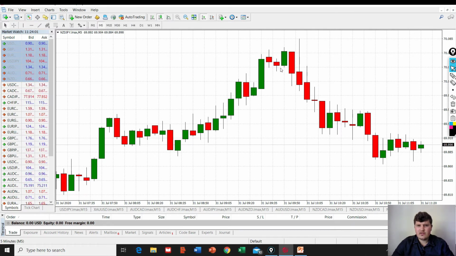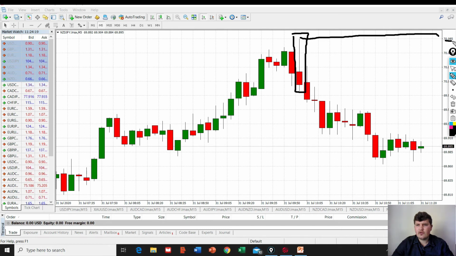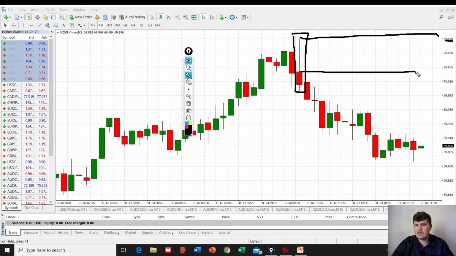But just to show you guys, again, this is a minute 5 time frame, and as you can see, let's say this bearish candlestick over here, it made a high of about 70.085. Let me just move this. It opened up at this level, let's just say it's around 70.03.